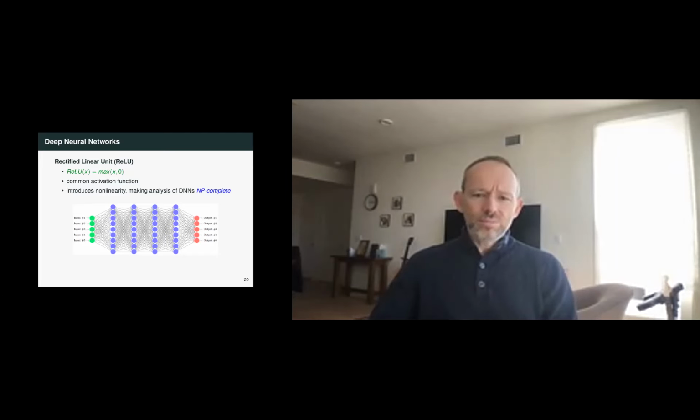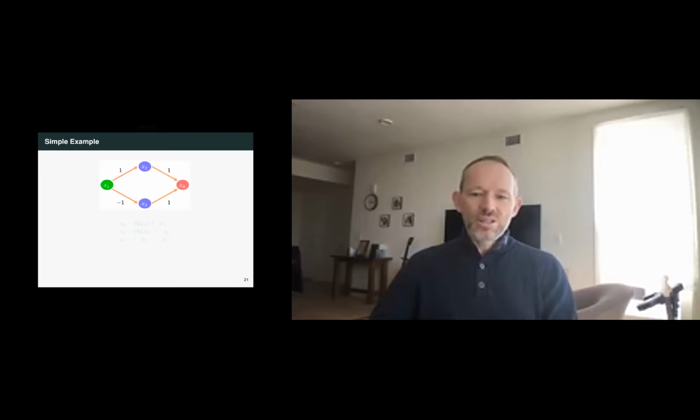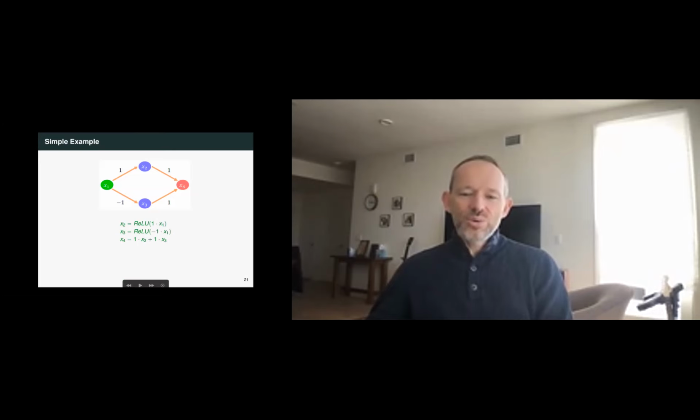Okay, so what can we do? How can we reason about this? How can you verify a neural network? Well, let's look at a simple example. So here we have a single input, and then there's a weighted sum to a hidden layer with 2 neurons, very simple, and then an output that combines those 2, okay? And so we can write just 3 equations to describe this network.